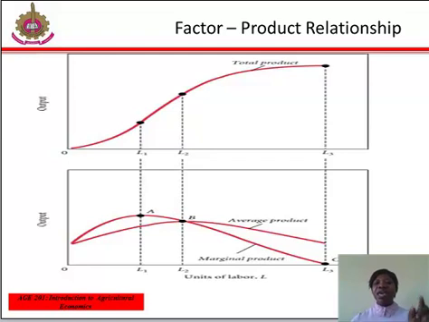MP equals AP at the boundary of stages 1 and 2, where the elasticity of production equals unity. Elasticity of production is greater than or equal to unity in stage 1.